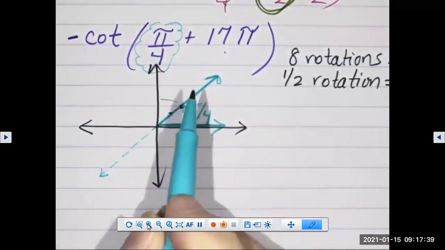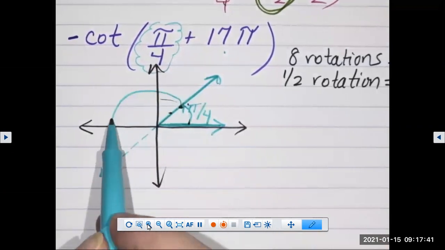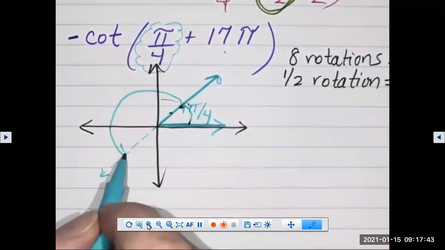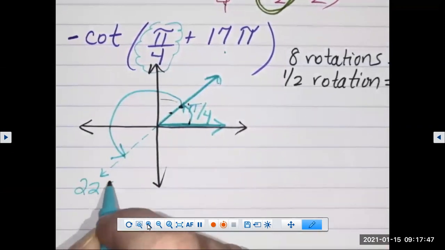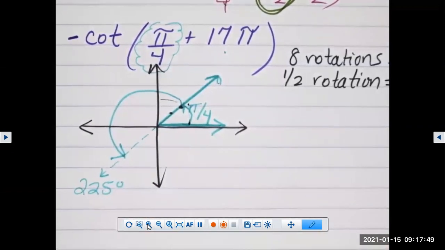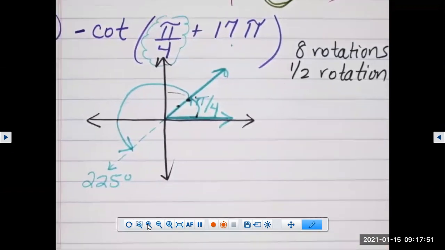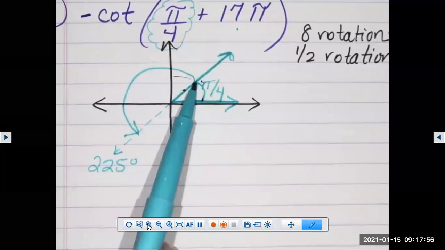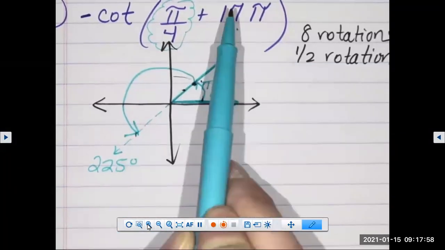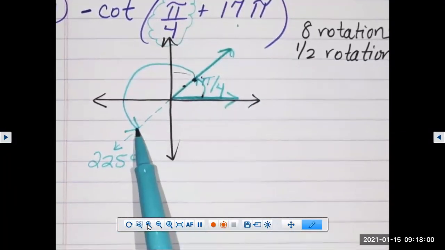So I'm here, I'm going to rotate halfway around this circle to this angle, which would be 225 or 5 pi over 4. So started at pi over 4, this is where you end up after adding 17 pi. Does that make sense?